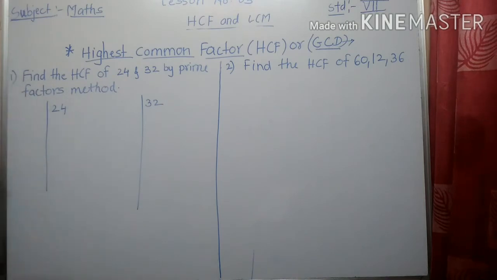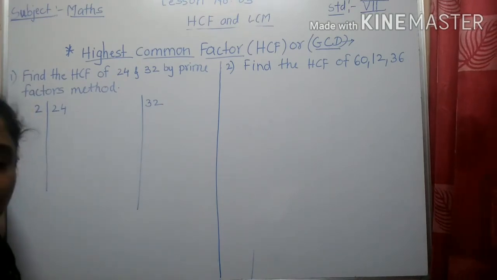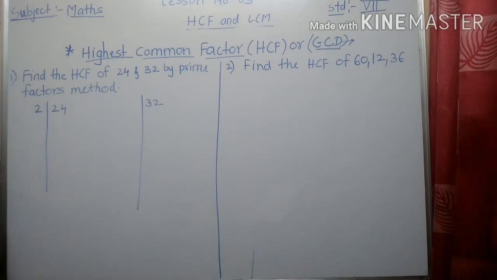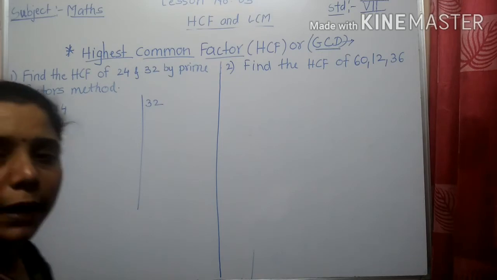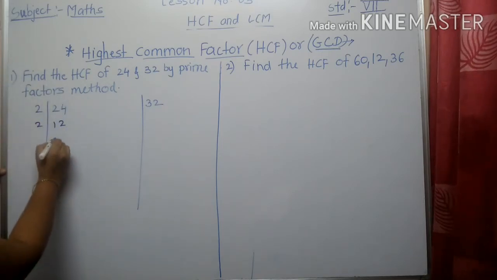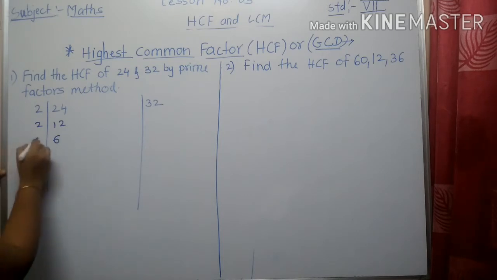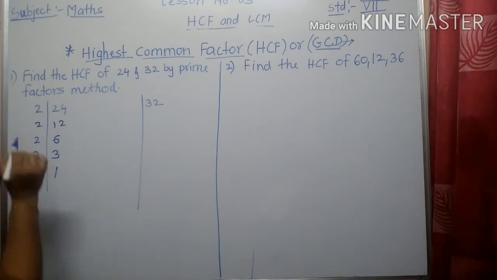So how to factorize it? Now see, again the same. Start with 2. 24 is divisible by 2. So 24 divided by 2, you get 12. 12 divided by 2, you get 6. 6 divided by 2, 2 3s are 6, 3 1s are 3.